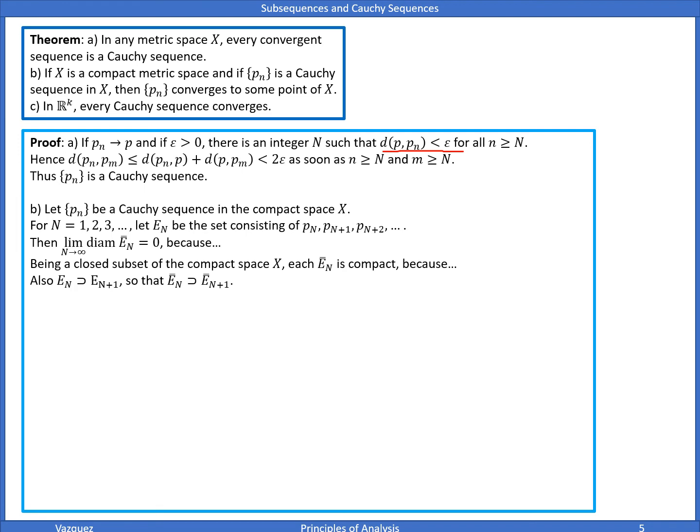Also, these sets are nested, so the closure sets are also nested. Well, the theorem in the last slide shows that there's a unique P in X which lies in every closure of E sub n. We saw that the intersection consists of one point, so that point lies in all of them. So now let epsilon be given. All right, so we're good so far, nothing too complicated yet.